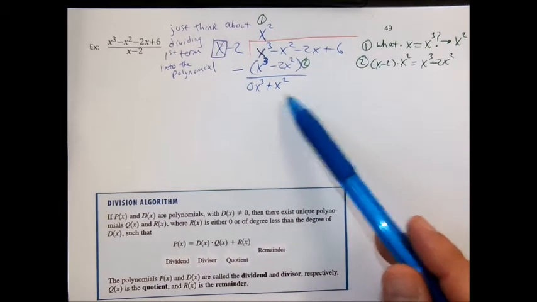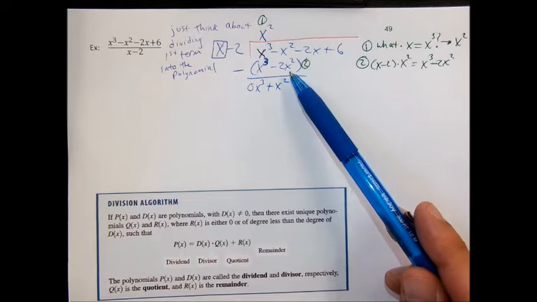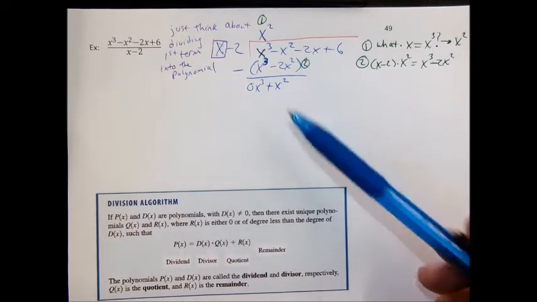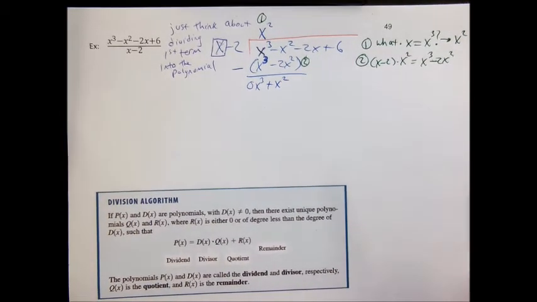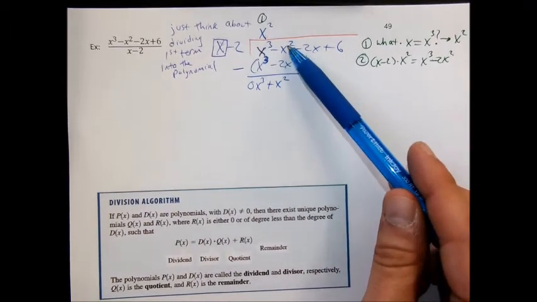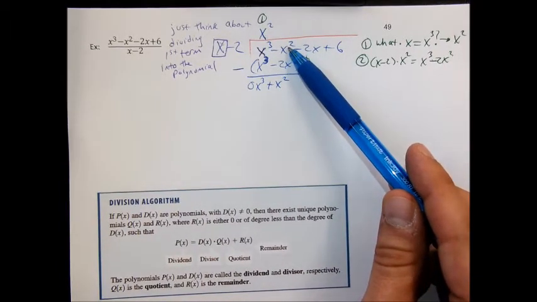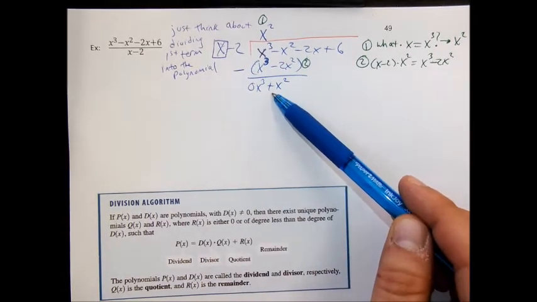As soon as you mess that up, if you subtracted instead of added there, everything else after is wrong. These are not super complicated problems. They just require you to be careful. I subtracted these, so x squared minus x squared plus 2 gave me a positive 1.